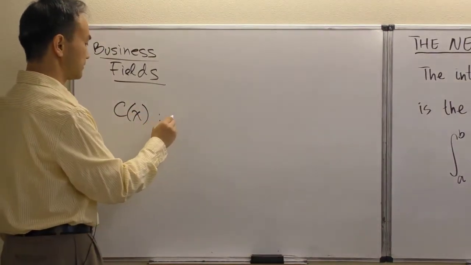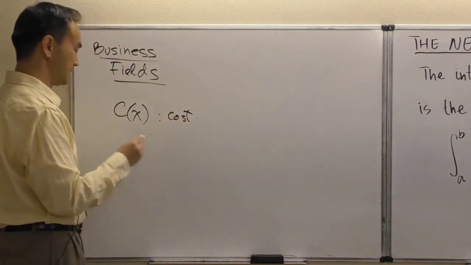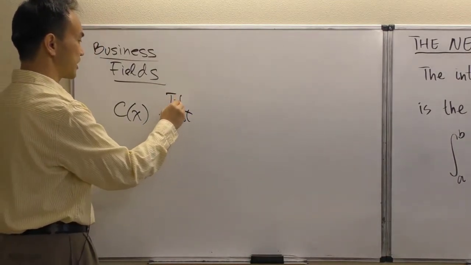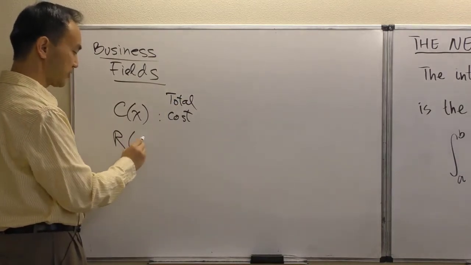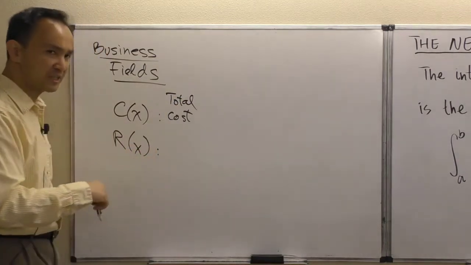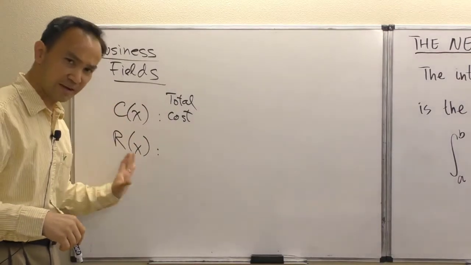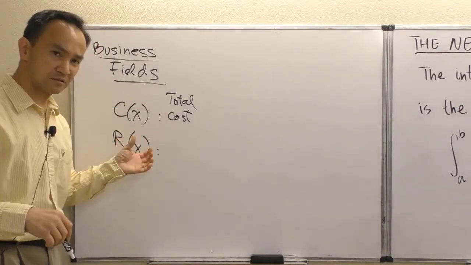So this is cost, or more precisely total cost, or revenue as a function of units, the number of units being sold. I'm just pointing out an example. You don't have to be the master at this.